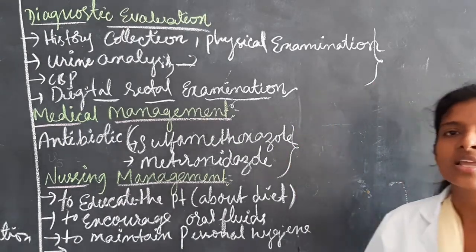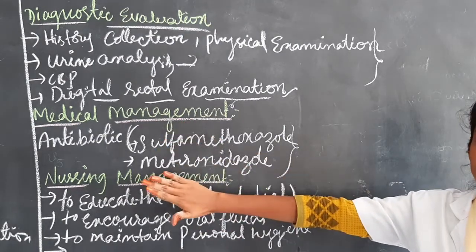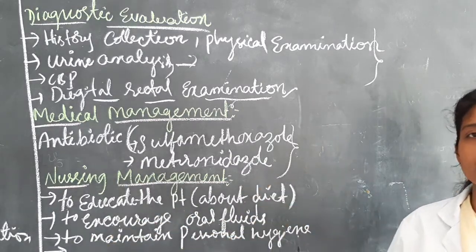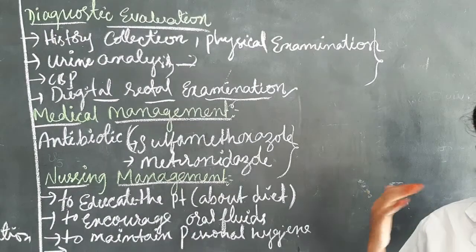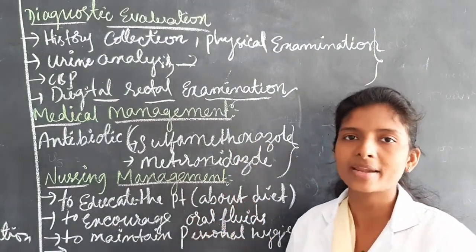After medical management, we saw in nursing management how the nurse will take care of the patient in the hospital, and how she will educate the patient and their family members regarding the condition.